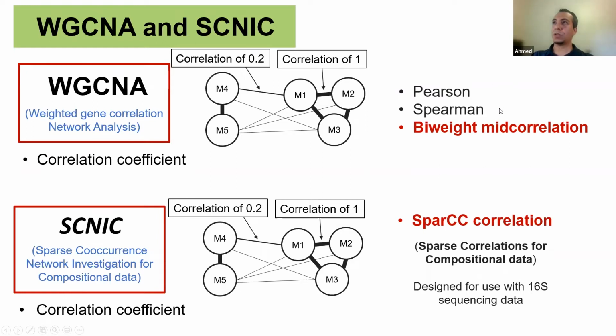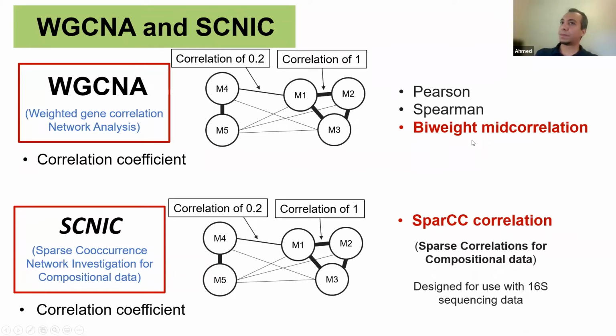Spearman correlations are less susceptible to these jumps, the extreme values that you can get for your correlation because of outliers. But again, that comes at the expense of converting your continuous data into ranks. So the biweight midcorrelation is basically a hybrid to account for the drawbacks of these two methods.